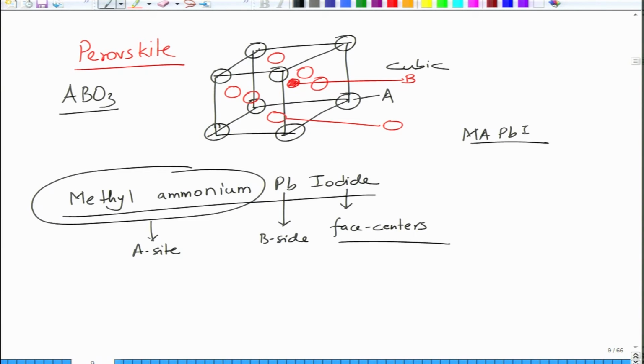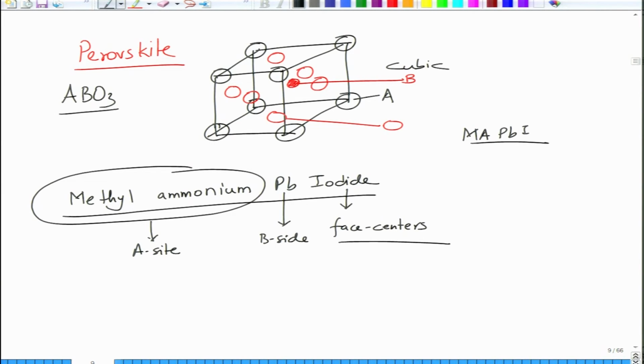So, this is what it basically makes, the solar cell, the perovskite structured material. Okay. So, this material is a very simple structure.